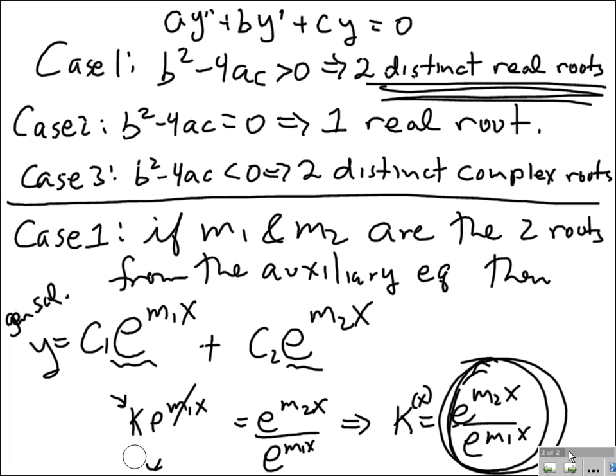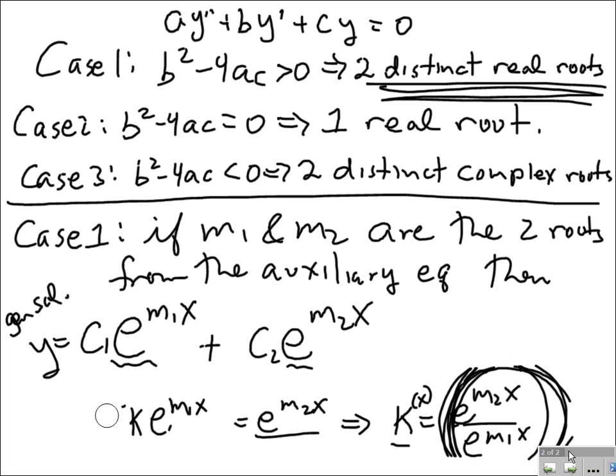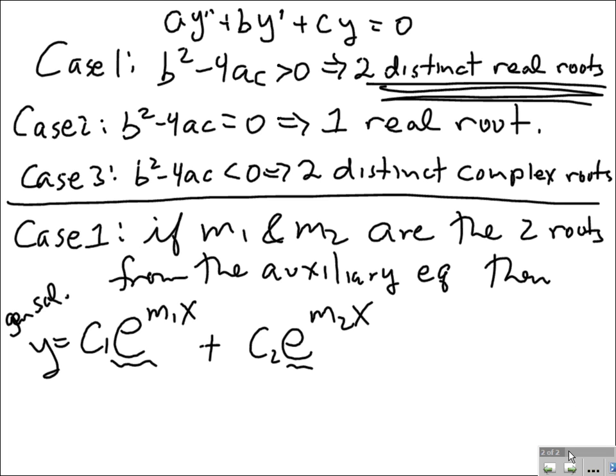I said, well, a constant times e to the m1x is equal to e to the m2x. And I found out that that couldn't be. It turns out that that k would be a non-constant value. So that is the solution for case 1, when you have 2 distinct solutions.